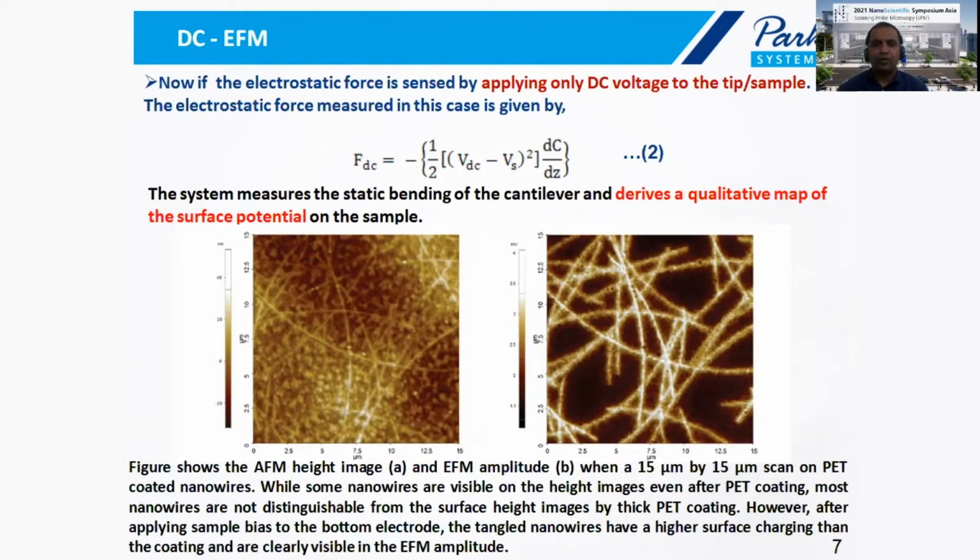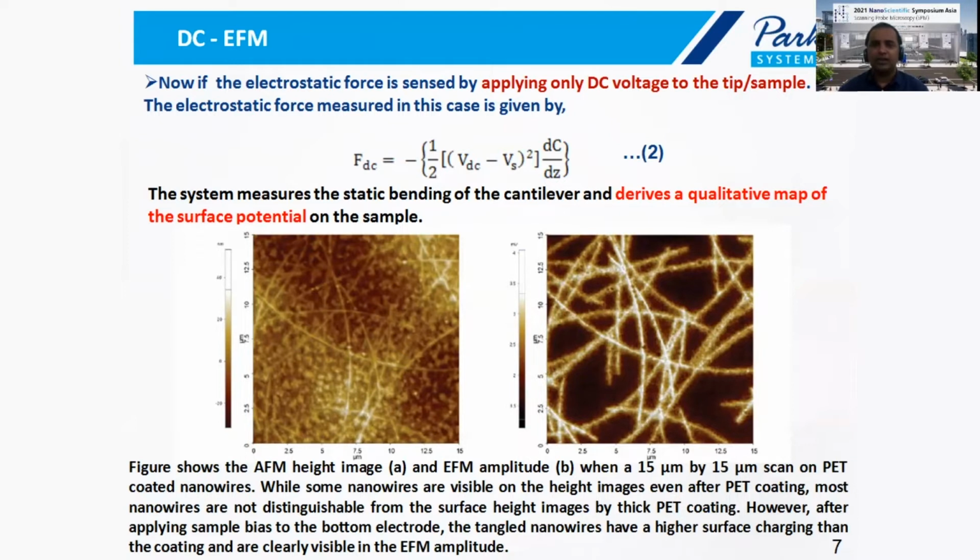In EFM, we can, let's say, just apply a DC voltage to the sample or to the tip. And then the electrostatic force that is measured is given by this equation number 2, which is nothing but the first term that popped up when you expand equation number 1.